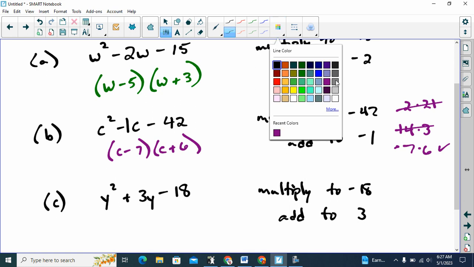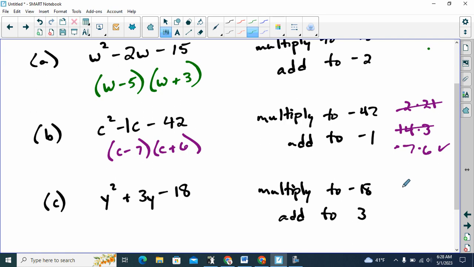Multiply to negative 18, add up to 3. I would try 9 times 2. 9 plus 2 is 11. 9 minus 2 is 7, not 3.